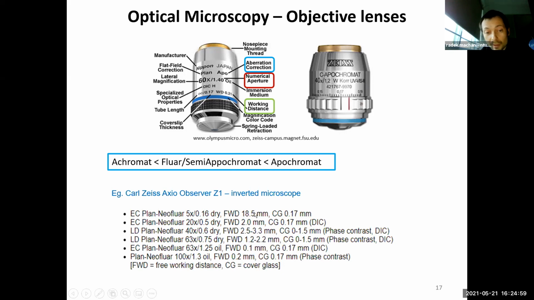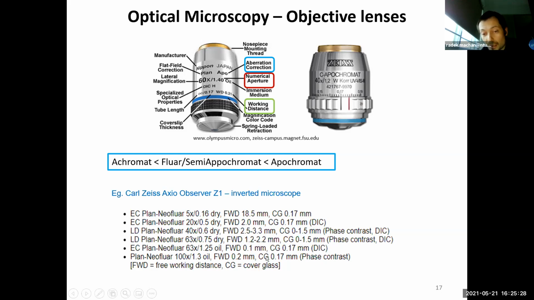Those of lower magnification typically have quite long working distances, while some of the higher magnification ones have the letters LD, which means long distance. So they have a relatively long working distance, while the oil objective has a very short working distance.